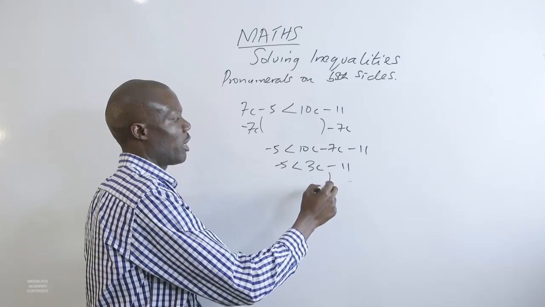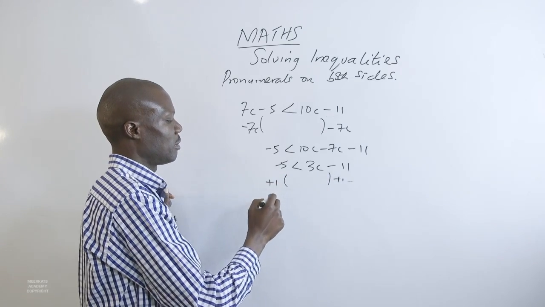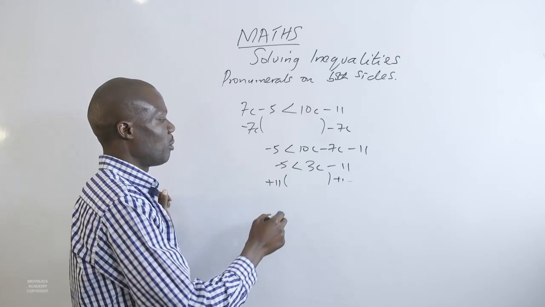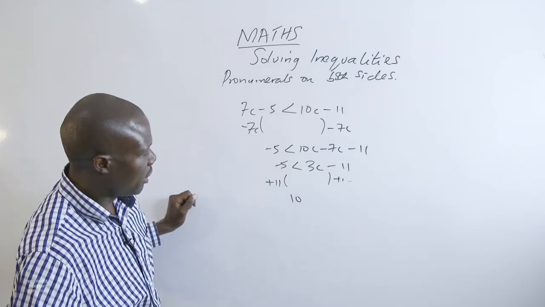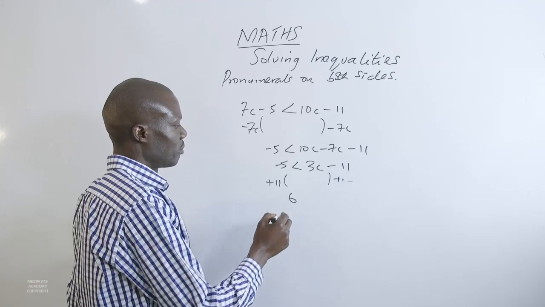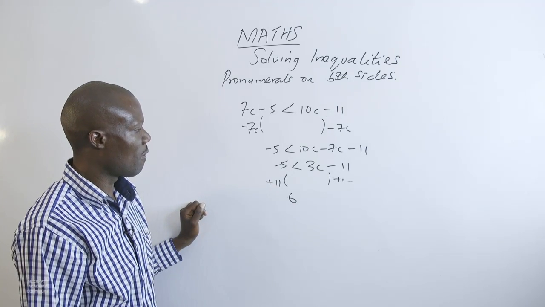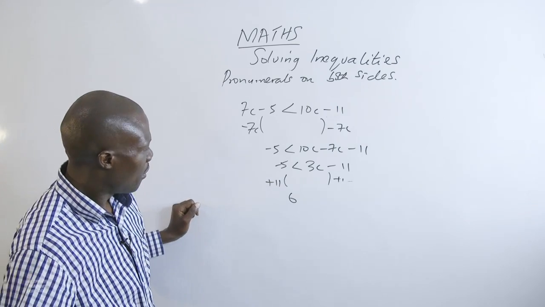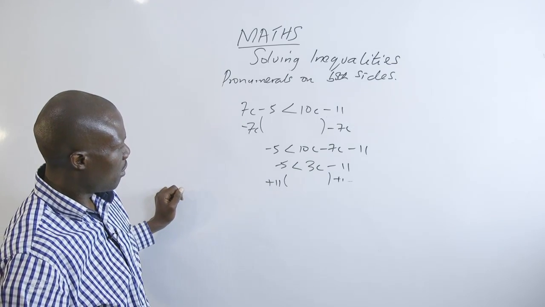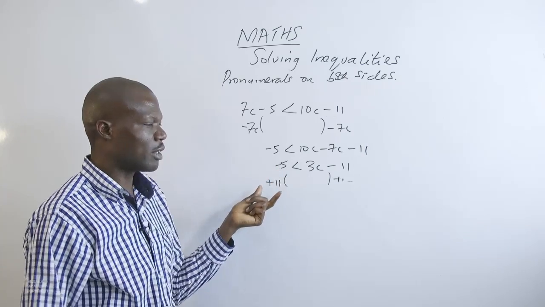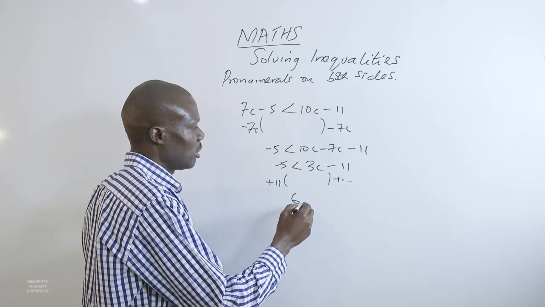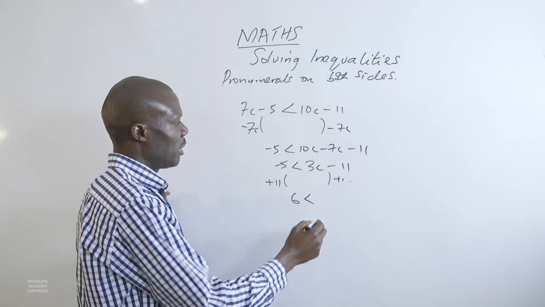At this point, we add 11 on both sides. On the left-hand side, minus 5 plus 11 is the same as 11 minus 5, which is positive 6. The sign remains less than.